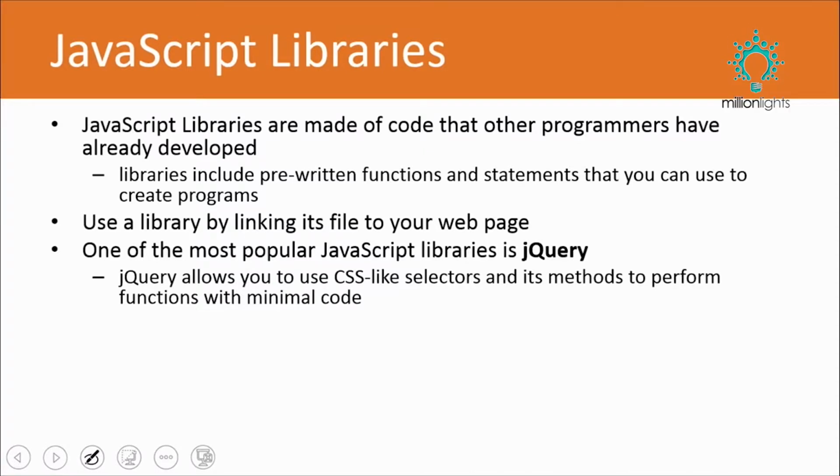You can use these libraries by linking their files to your web page just like you do with your own JavaScript files. One of the most important ones is jQuery, right? Or rather, not necessarily more important than any of the others, but it's definitely really, really popular. And it allows you to use CSS-like selectors and its methods to perform functions with minimal code.